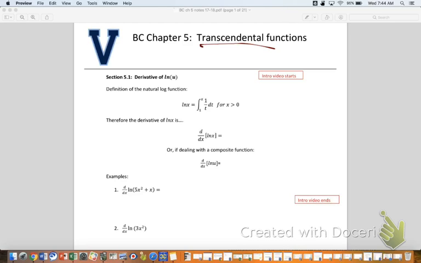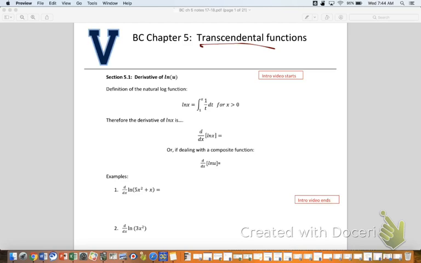So in the video, you saw a little bit about the natural log function, the definition of it. A lot of times in calculus, you learn where things come from. For example, the volume formulas that you learned in geometry, like the volume of a sphere is 4/3 pi r cubed. No one made that up. It's from calculus. Even the area formula for a circle, area equals pi r squared.